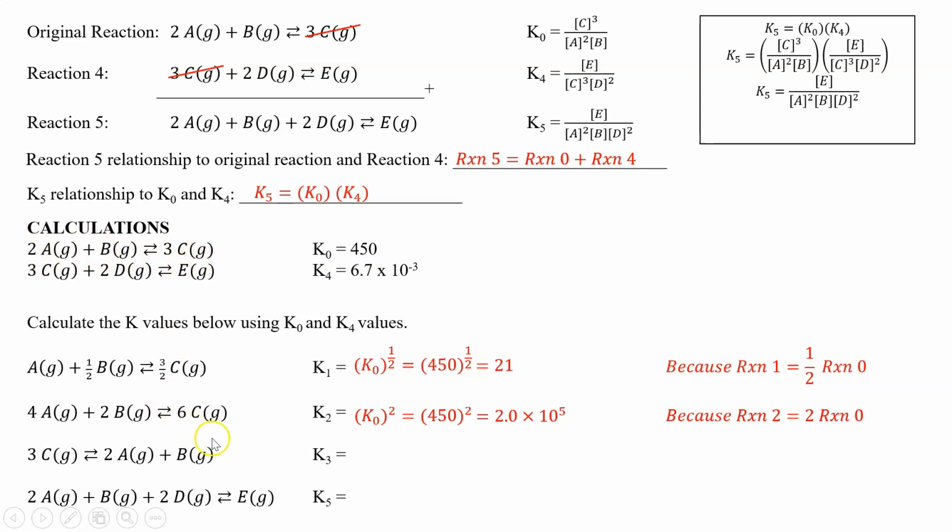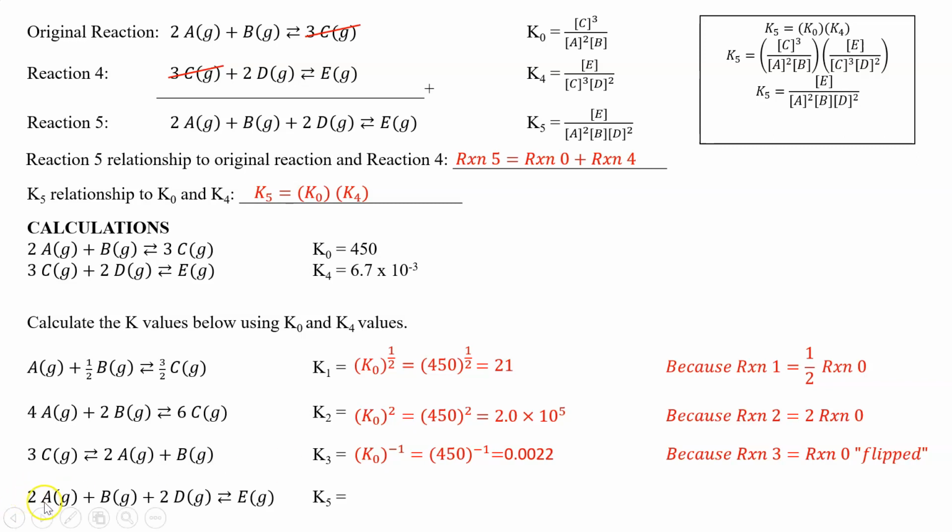So I'm going to do K0 to the -1 power. It's the inverse, so I need to raise it to the -1 power. So I'm going to take 450 to the -1. In other words, I'm doing 1 over 450. You end up with 0.0022 because reaction 3 is really just reaction 0 flipped around.